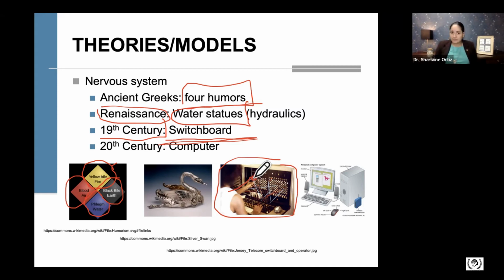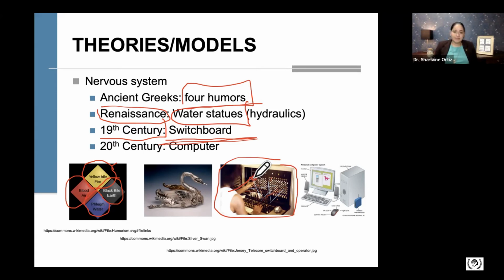So our understanding of the nervous system was pretty similar to our understanding of a switchboard, basically trying to connect one line with the other. That's how we were trying to explain, for example, synaptic connections in our nervous system.